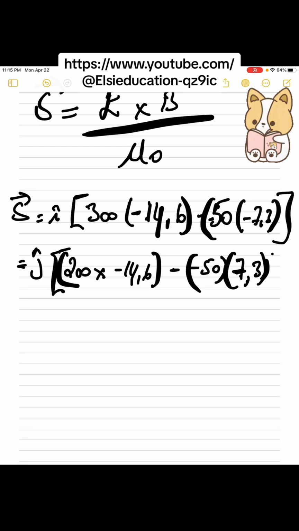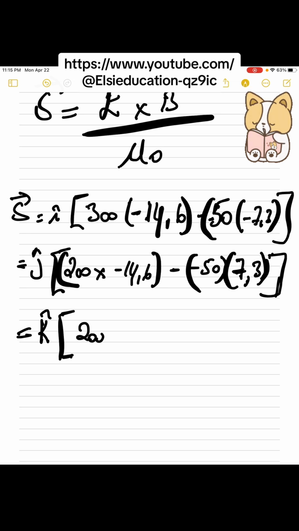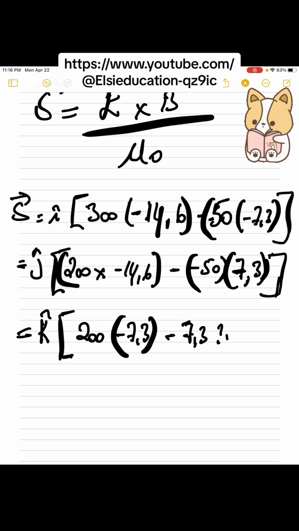On the k section, that will be equal to 200 multiplied by minus 7.3, minus 7.3 multiplied by 300.